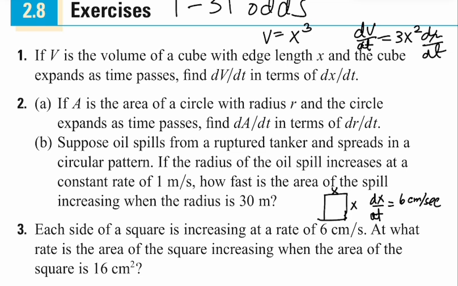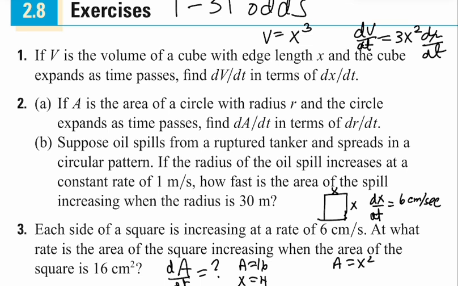It says, at what rate is the area of the square changing when the area is 16? If the area is 16, each side has to be 4. And I need a formula for the area of a square. So that's just A equals x squared.